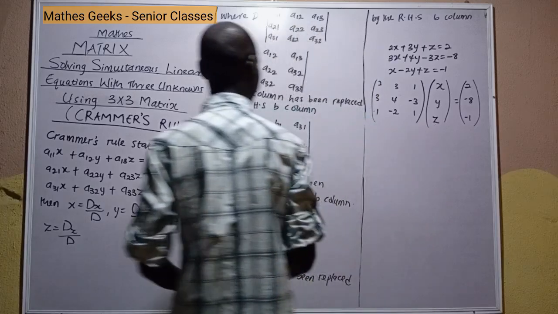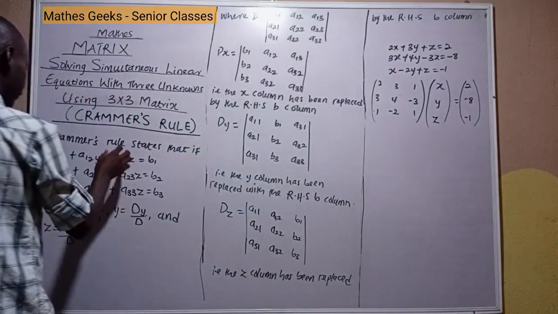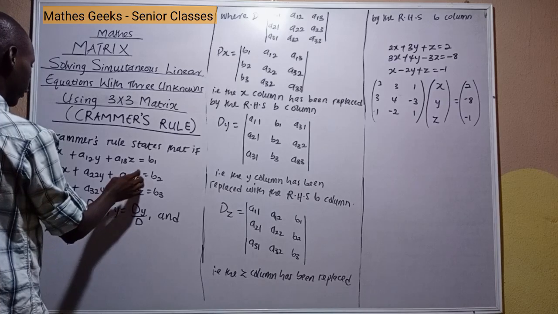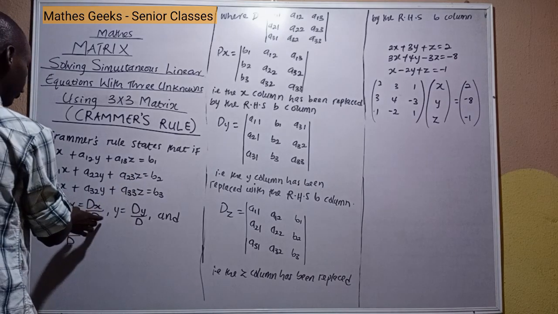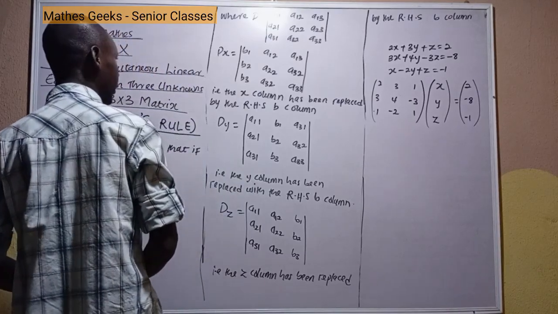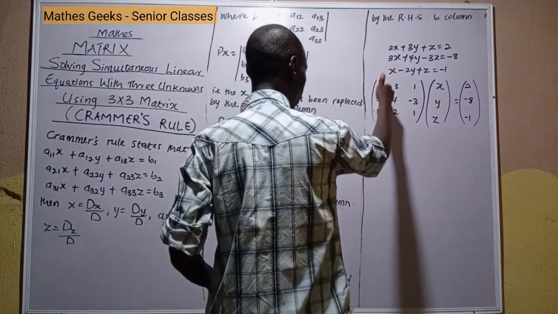So once we form a matrix with the coefficients from the simultaneous equations, we're going to have the matrix D, which is this, and then dx, which is this column.